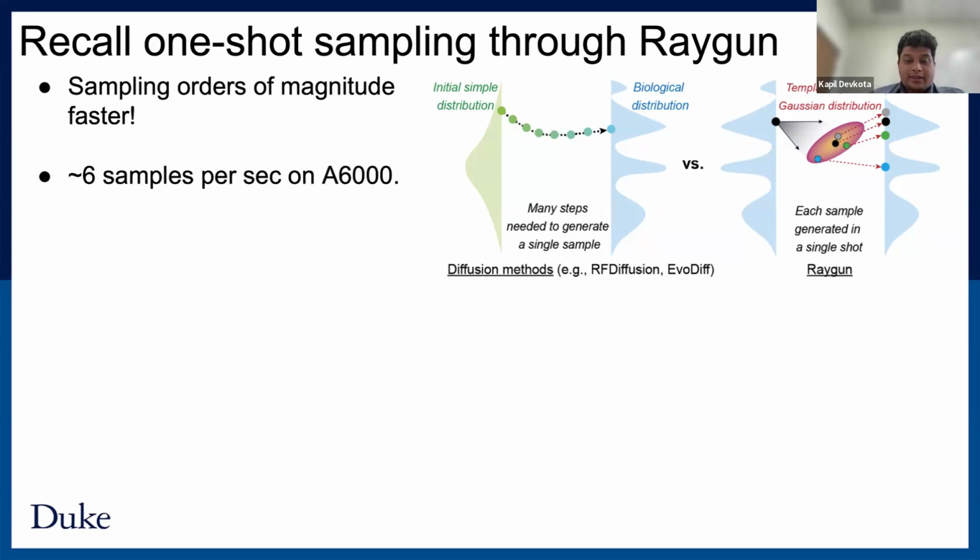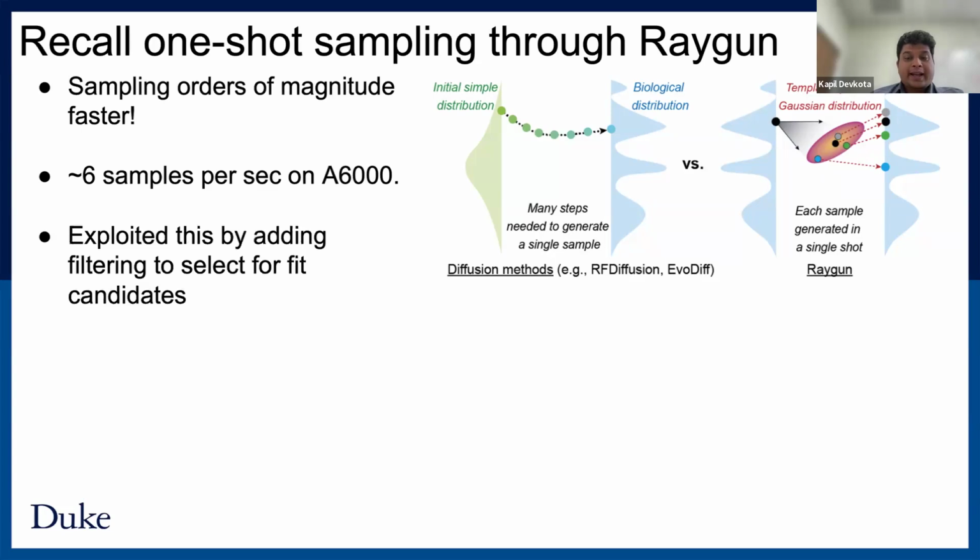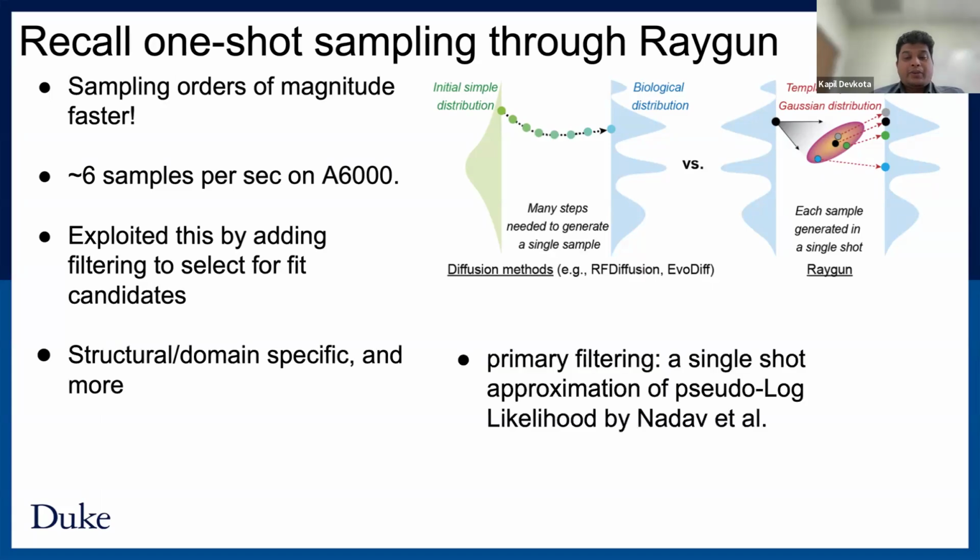So we exploited this by adding filtering tools to select among the candidates produced from Raygun. We could cascade filtering tools one after another. These tools can be structural, functional, methods like jackhmmer and more. But one primary filtering that we added was a single shot approximation of pseudo log likelihood by Nadav et al. to select for fit protein candidates.